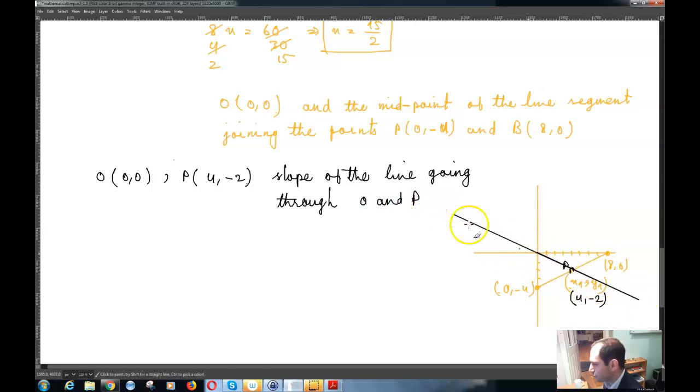As you can see, of course, the slope is negative here. That we can find as well.